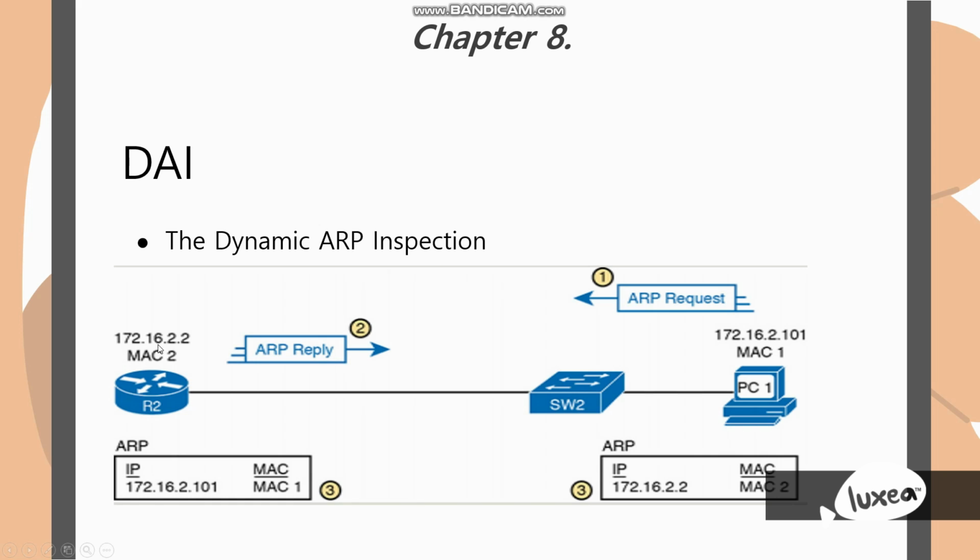Router 2, where are you? 172.16.2.0. And router 2 sends back an ARP reply listing router 2's MAC address. At the bottom, both hosts are learning each other's MAC address so messages can flow, sending and receiving together.